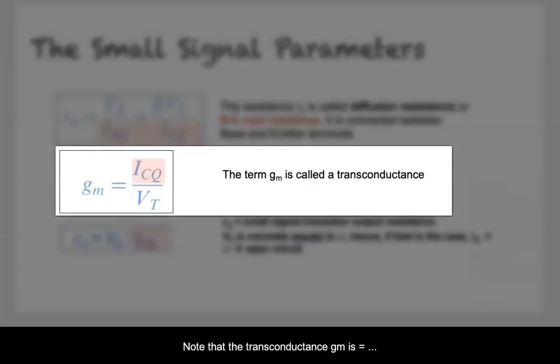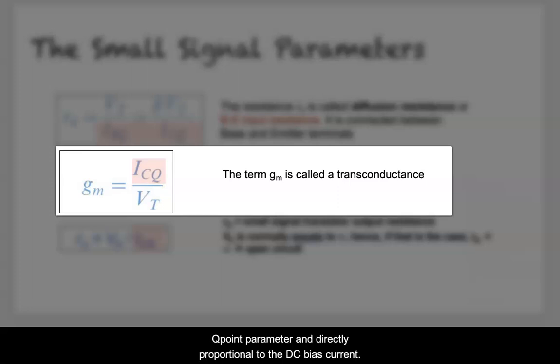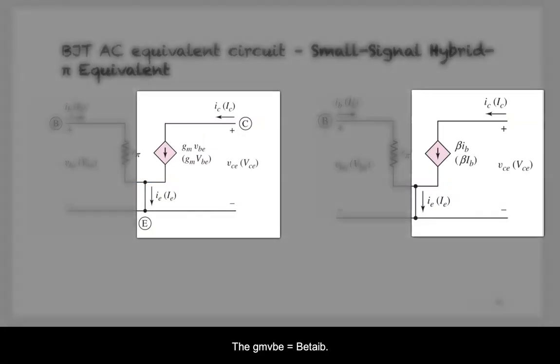Note that the transconductance gm is equal to ICQ over Vt. The gm is also a function of Q point parameter and directly proportional to the DC bias current. The current control source gm times vbe can be used interchangeably with beta times ib.